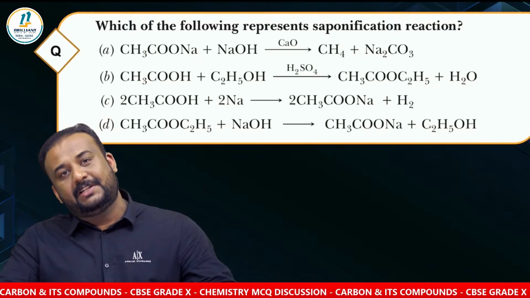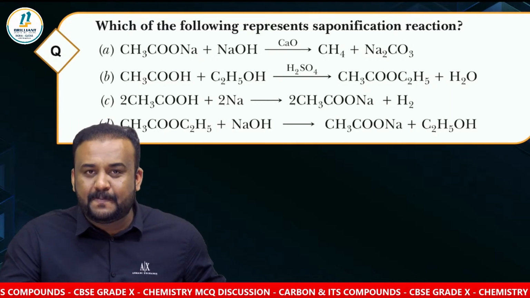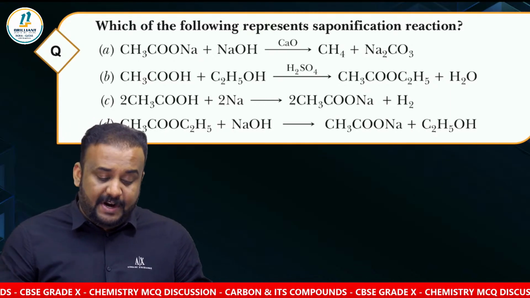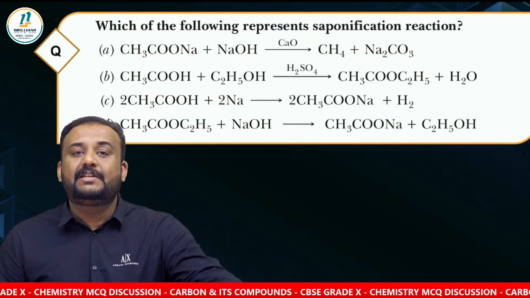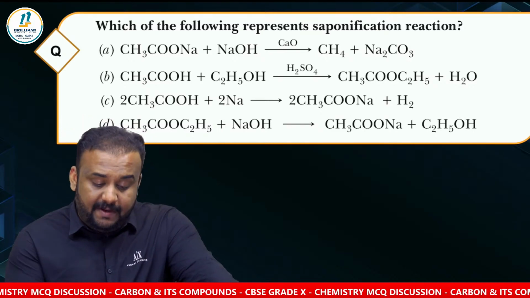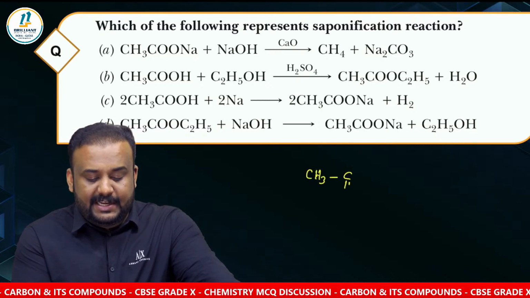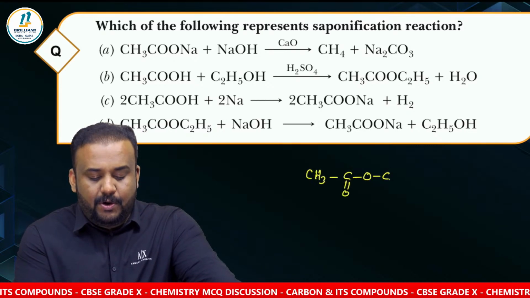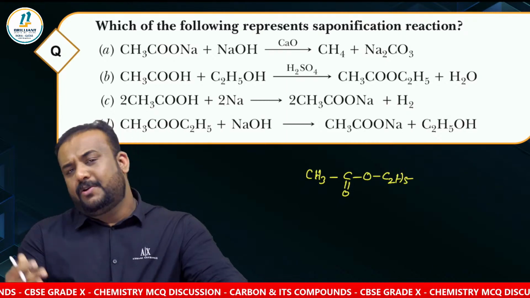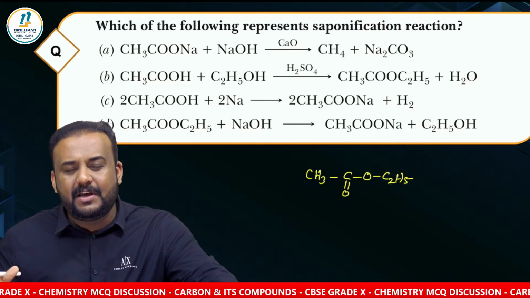What is that reaction? This is called esterification. An ester is made from a particular carboxylic acid and an alcohol. And I believe all of you know how to name the esters. So let's take this example, CH3COOC2H5. Naming of esters is very easy.